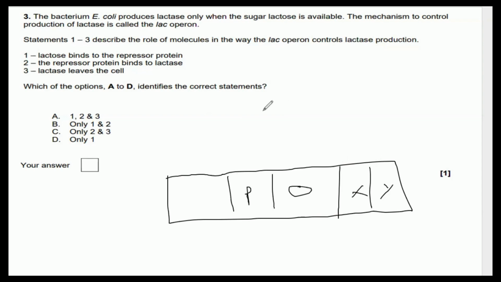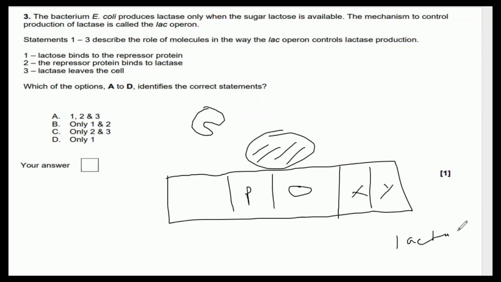What actually happens is we have a repressor protein that binds to the operator region and prevents the lactase mRNA being transcribed and read and produced. So this can't be produced if the RNA polymerase cannot bind to the promoter region.